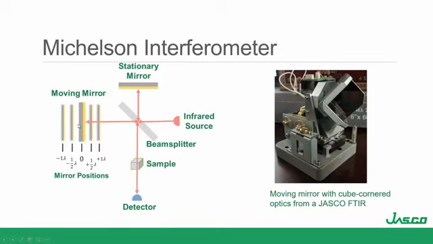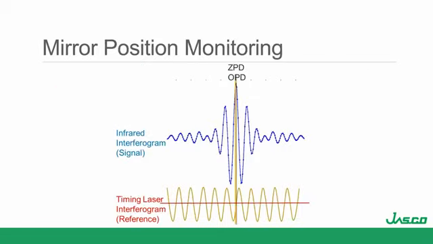As that mirror moves, at the 0 position you have constructive interference, and then destructive interference, and then constructive and destructive as it moves. So that moving mirror causes constructive and destructive interference, which is used to create an interferogram. This blue is the interferogram. You can see constructive interference at the peaks and destructive interference at the troughs.